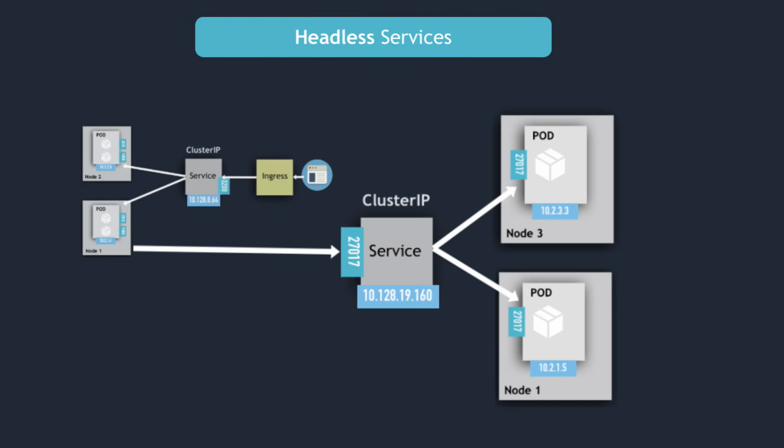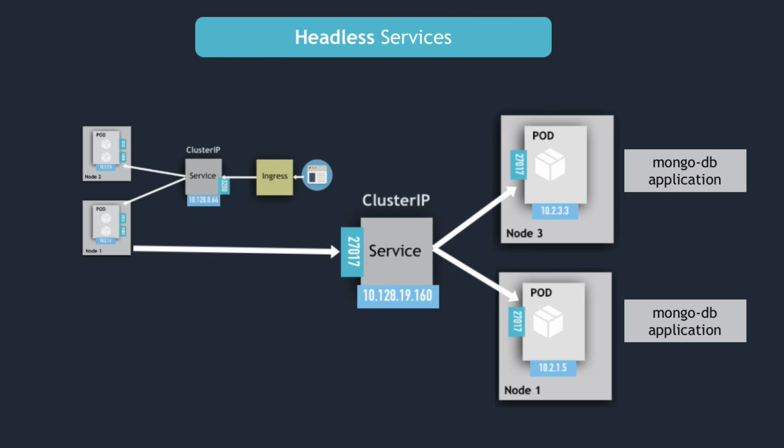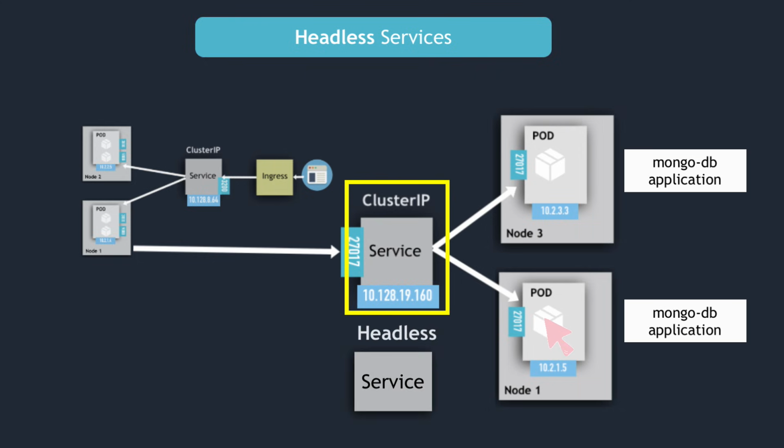Now note here that when we deploy stateful applications in the cluster, like MongoDB for example, we have the normal ClusterIP service that basically handles the communication to MongoDB and maybe other containers inside the pod. And in addition to that service, we have a headless service. So we always have these two services alongside each other.